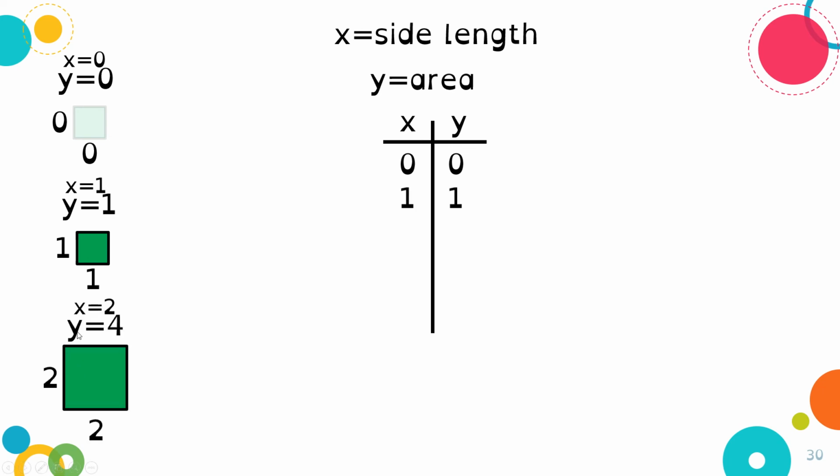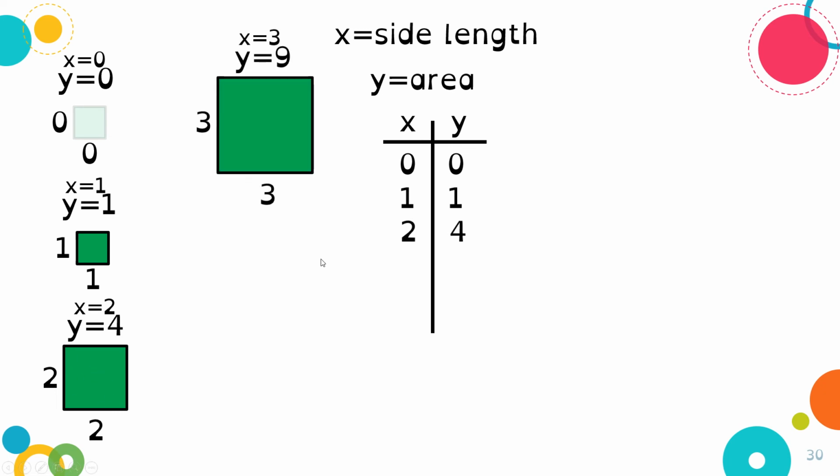If we have a side length of 2, x equals 2, then our area now is 2 times 2. So we can see that we now have 4 as our total area. If we have a side length of 3, we can see that our area of our square is 3 times 3.